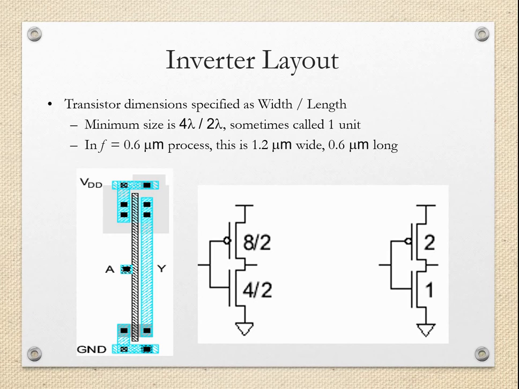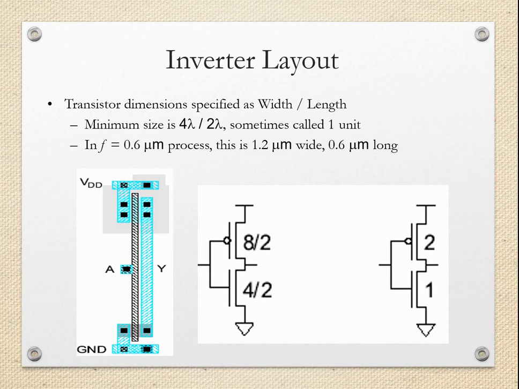In a 0.6 micrometer process, this is 1.2 micrometer wide and 0.6 micrometer long. So this example layout for the inverter is drawn on the left hand side and the corresponding circuit diagram is shown on the right hand side.